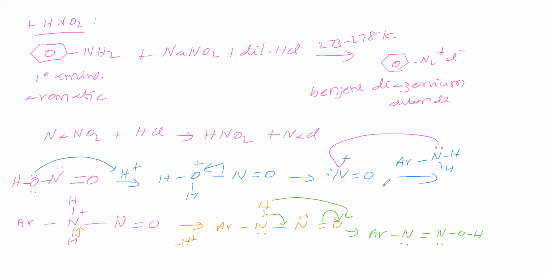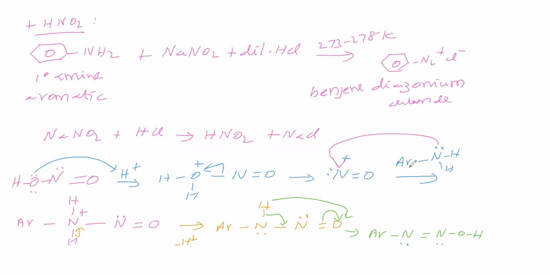So which will go for the diazotization reaction? Primary amines will. Primary amines means the functional group nitrogen has two hydrogens. First, one hydrogen is removed, as water here, with nitrous acid.